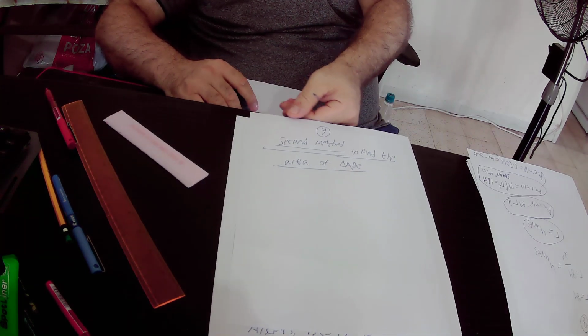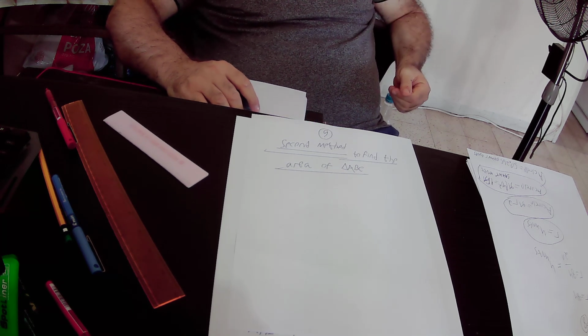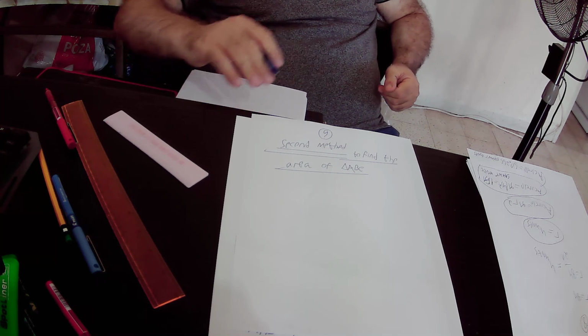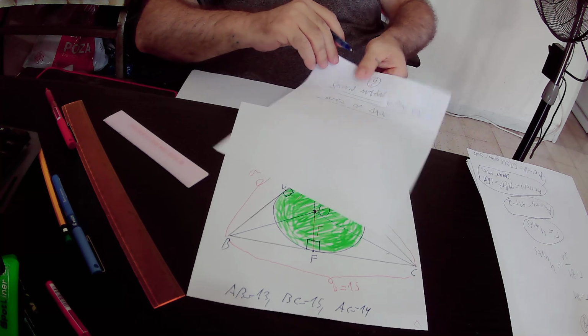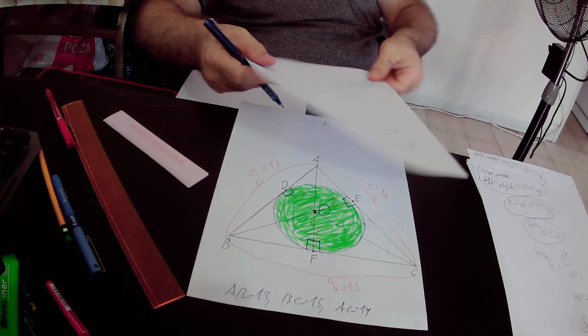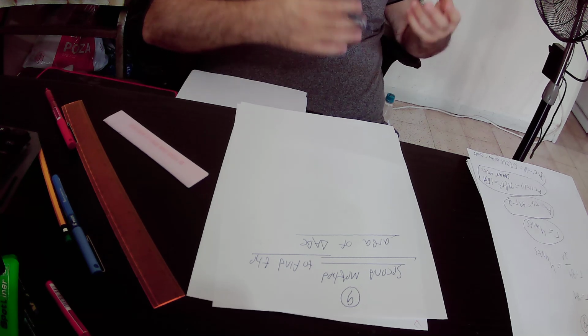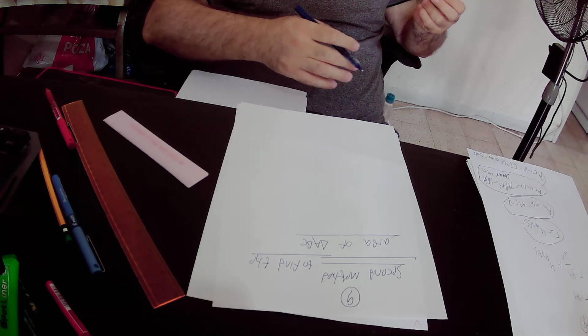Again, I will present to you a second method to find out the area of triangle ABC. Okay, actually we will use the law of cosines in order to find out the area of triangle ABC.